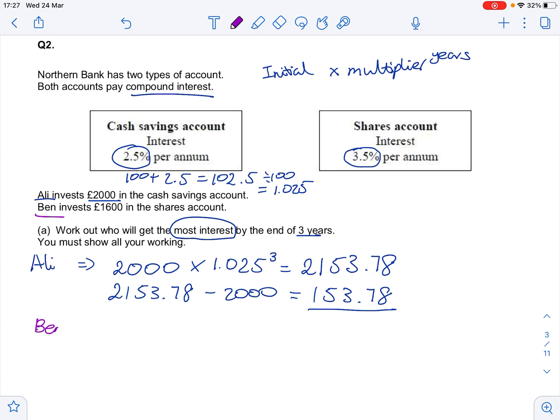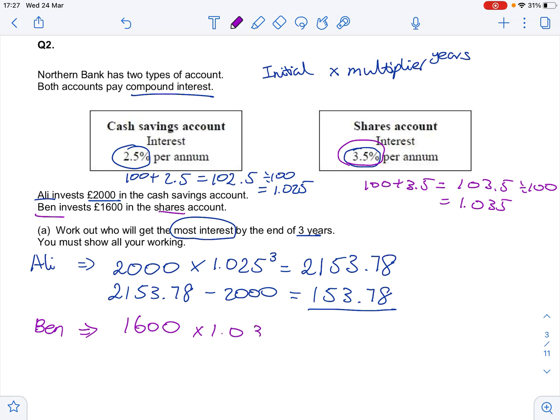So Ben invests, so initial is 1,600. Then his multiplier, he's going to put it in the share account. His interest is 3.5. So the multiplier is again 100 plus 3.5, which is 103.5. Then we're going to divide by 100. So the multiplier is 1.035.